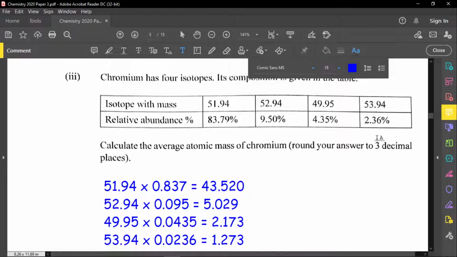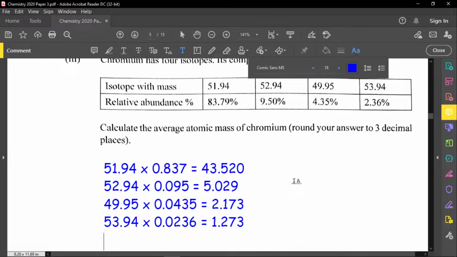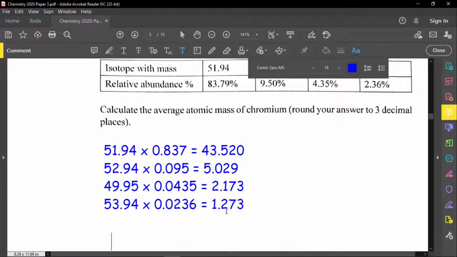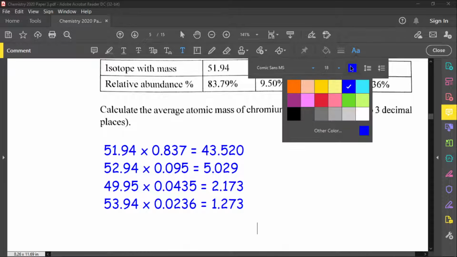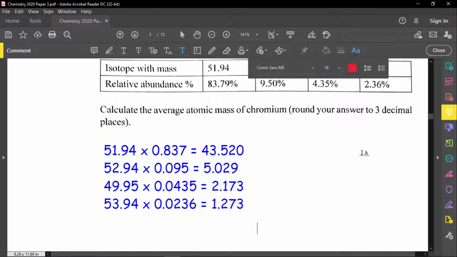Now we add up all these values. We take the sum of these values, and that will give us our total. The total here will be 51.995 grams. If you round off this number, you get 52.